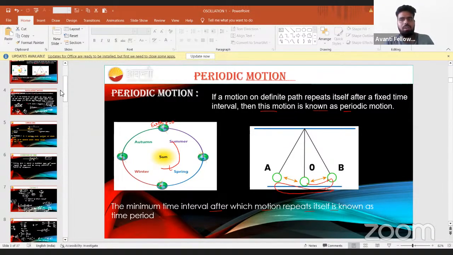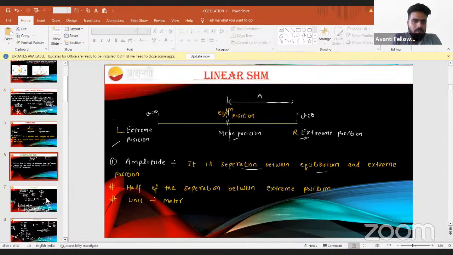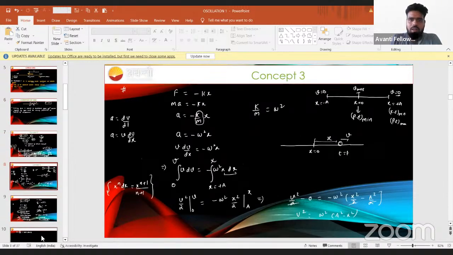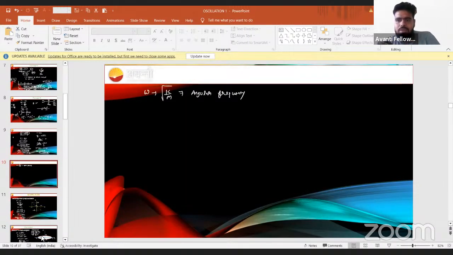In other words, we want to discuss how the motion parameters are reflected in SHM, and the important graphs of these motion parameters with position and with time also.